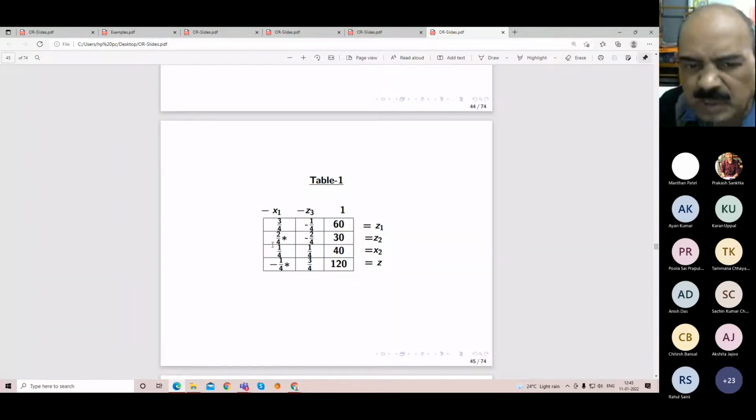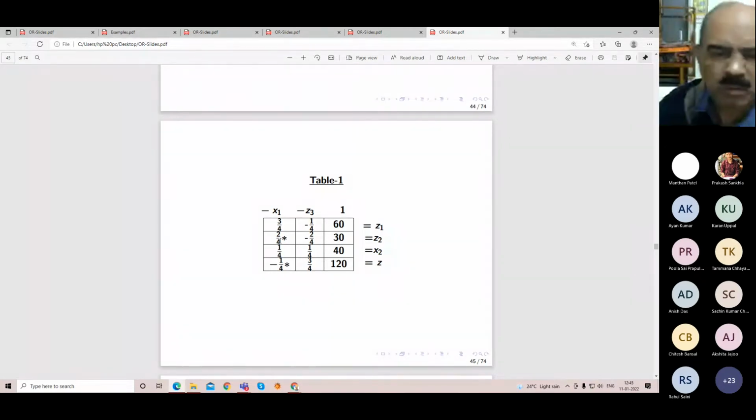The minimum is coming with respect to the second row. Earlier the minimum ratio was coming with respect to the third row. Now it is the first column and second row. This 2 by 4, which is nothing but half, is giving the minimum positive ratio.